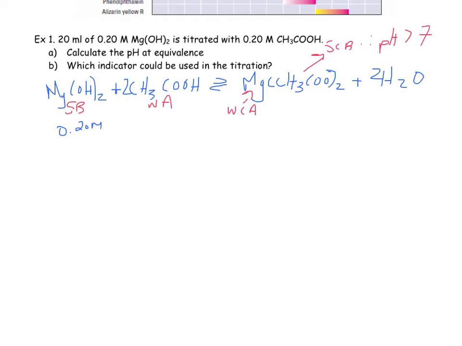If I take the concentration of my magnesium hydroxide and multiply it by my volume in liters, that will give me how many moles I have. I then have a 1-to-1 mole ratio.